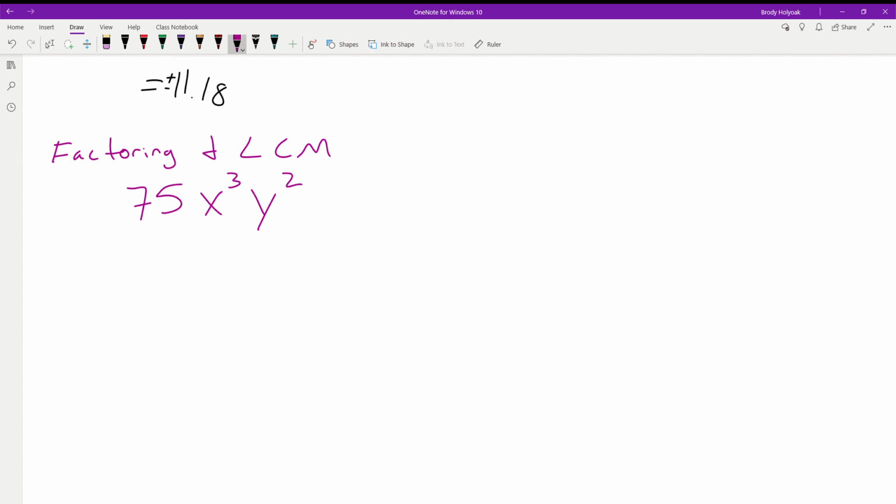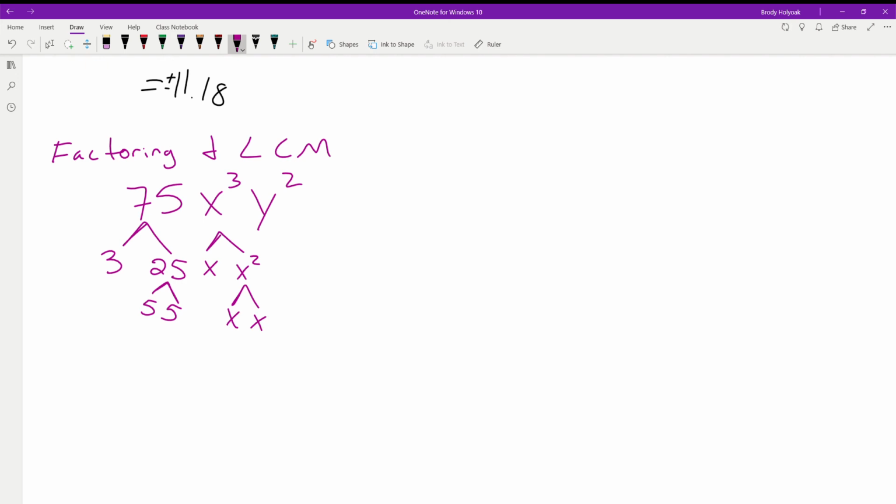I want to be able to factor this down. So we're going to factor it just like what we did with regular numbers. Starting with 75, we can break that up into 3 and 25. The 25 breaks up into 5 and 5. The x cubed can be broken up into an x and an x squared, which can then be broken up into an x and an x.